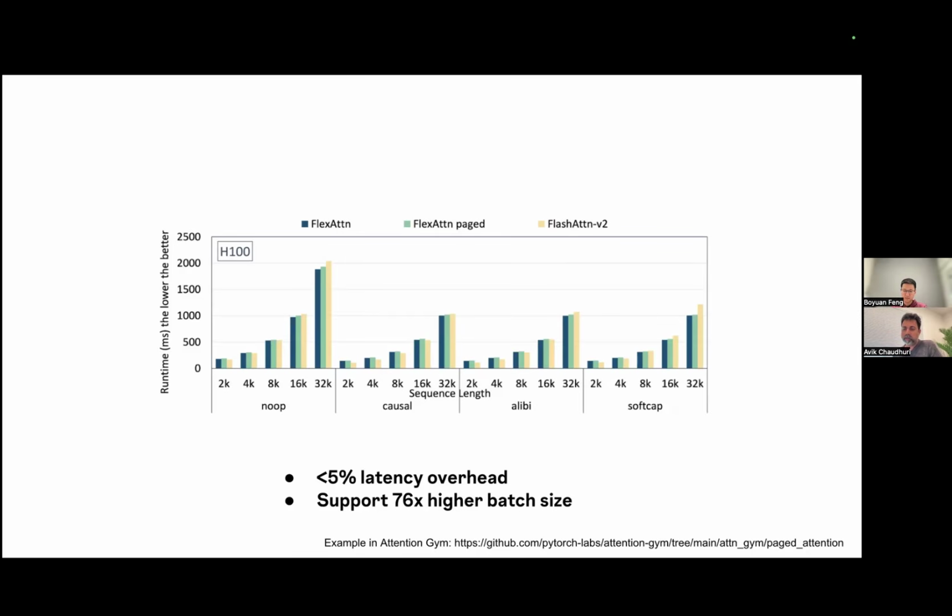But if you are constrained for memory, or you want to support larger batch sizes, then you would use the page attention variant, and you would not pay too much. Yes. I think in a real-world serving example, different requests have very different sequence lengths, right? So that's why we want page attention and flex attention together.